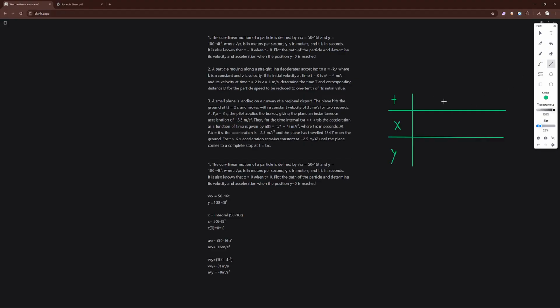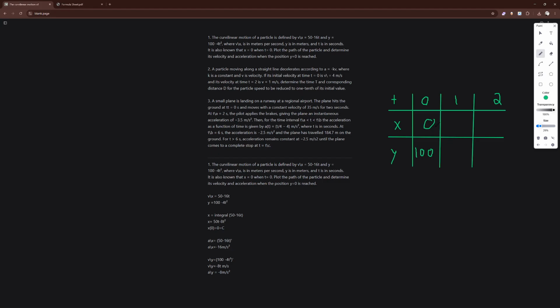T is equal to 0. What do we get for x? X is equal to 0. We know that, that's pretty obvious. What is y when t equals 0? You go to your equation, it's 100. And then you do t equals 1 and t equals 2 if you want.